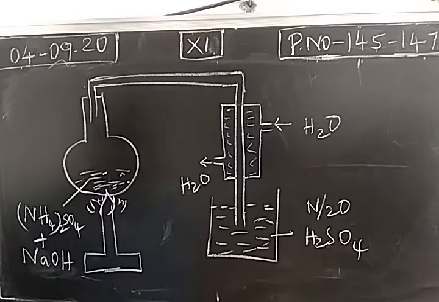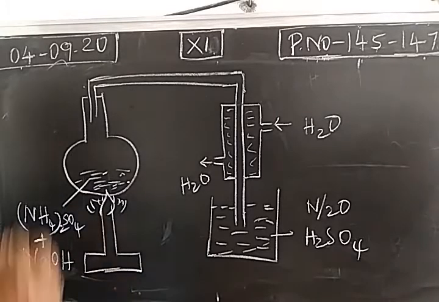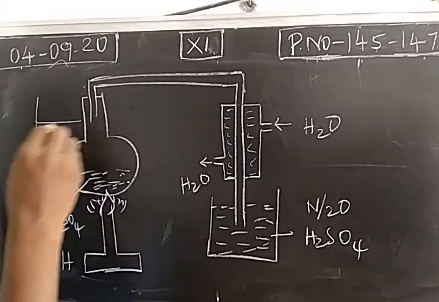We first get ammonium sulfate in Kjeldahl's flask. You take that in the round bottom flask.